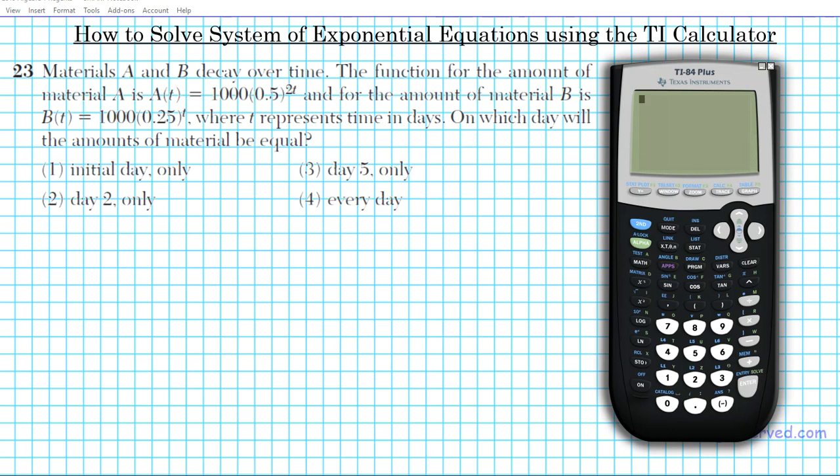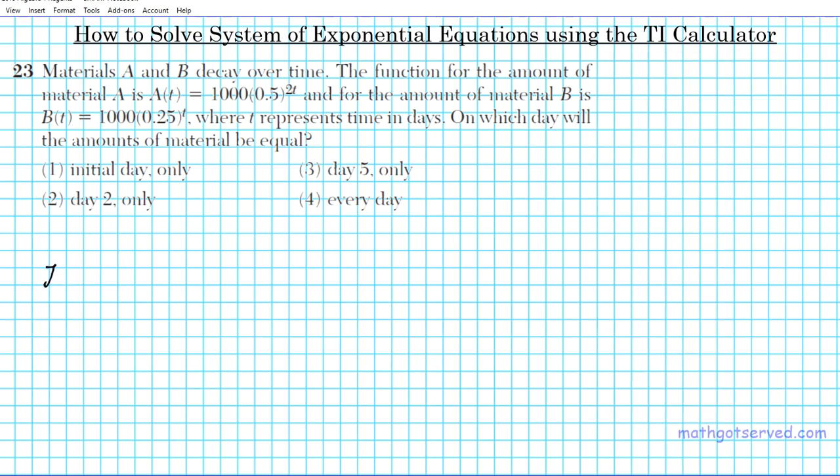When we're looking for the day when the amounts of materials are equal, what we're looking for is the intersection of these two functions. Let's go ahead and write down what we are going to do.